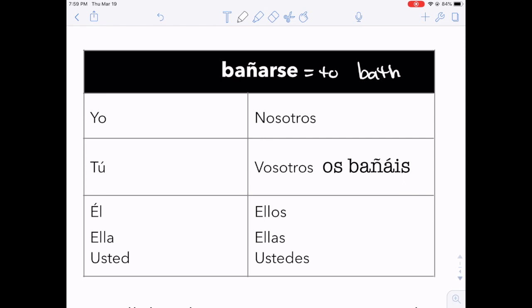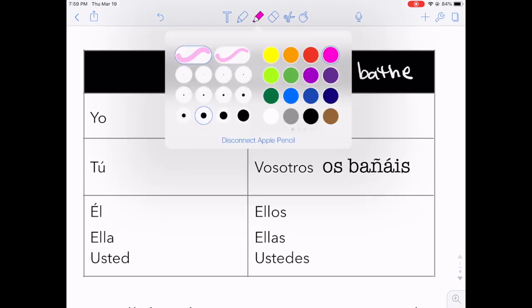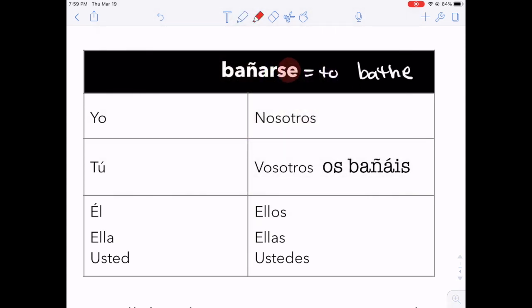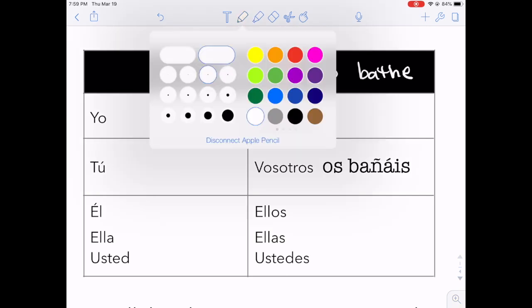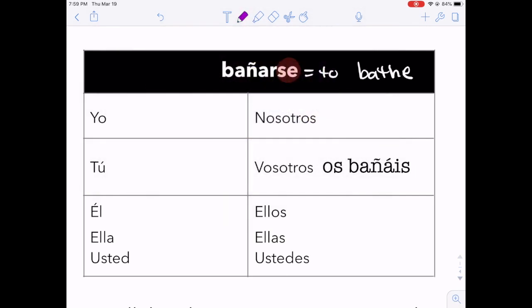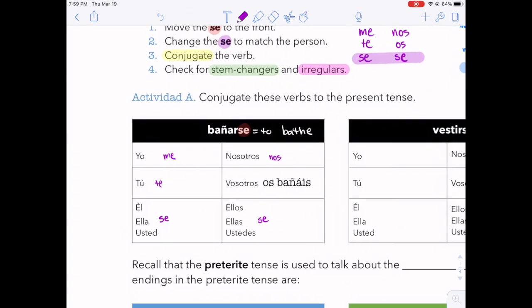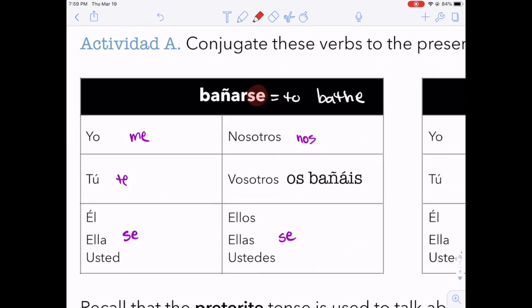And our first step is going to be to look at our se, move it out to the front, and then we'll use our reflexive pronouns. Those are me, te, se, nos, os, and se. And then we look at our AR ending. We have a regular AR ending right here.